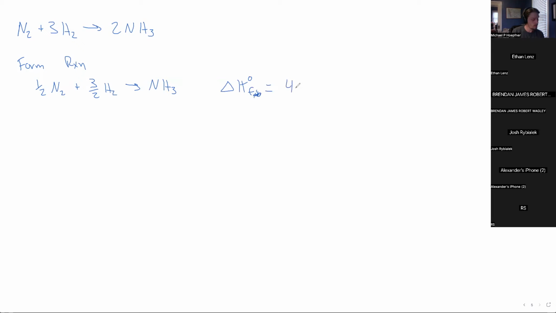of negative 46.19 kilojoules per mole. Now, most molecules will have a negative heat of formation, at least a lot of the ones that we deal with. But some materials will have a positive heat of formation. So what that means is that these bonds between the nitrogen and hydrogen are actually a lower energy state than actually being bonded together.